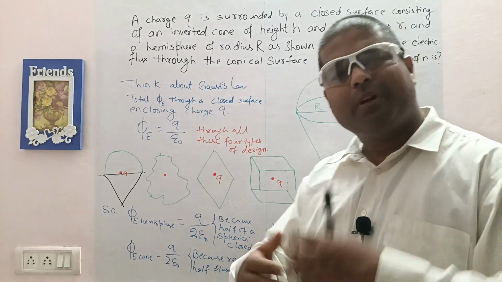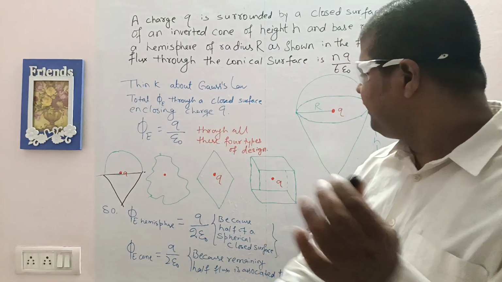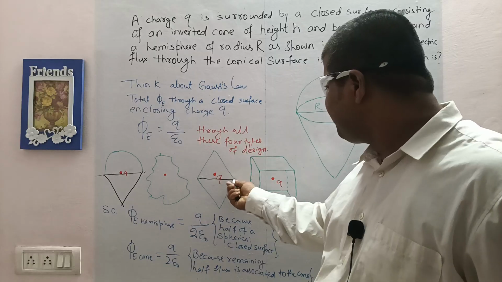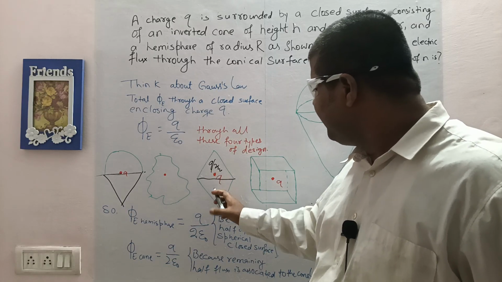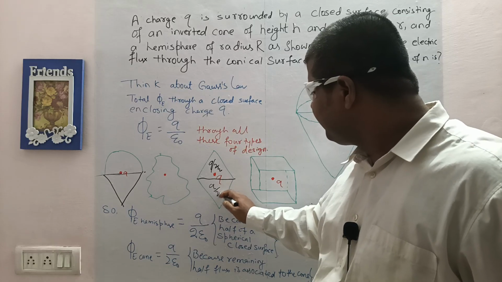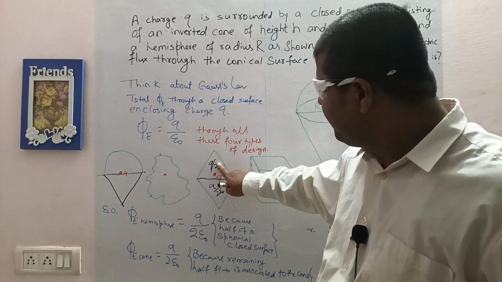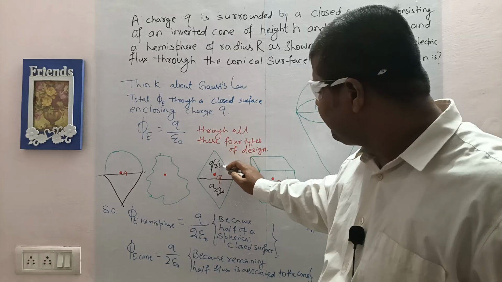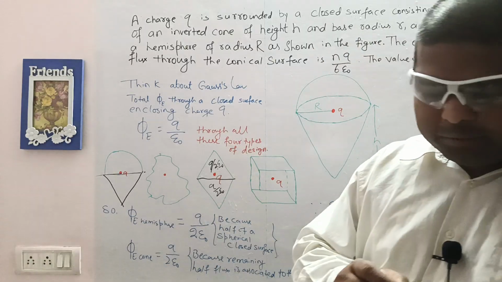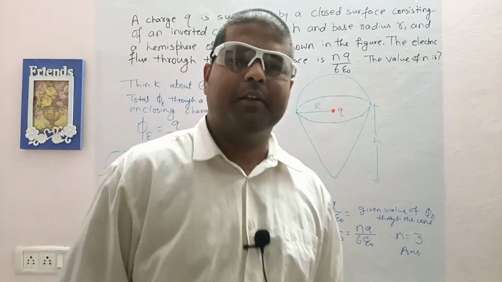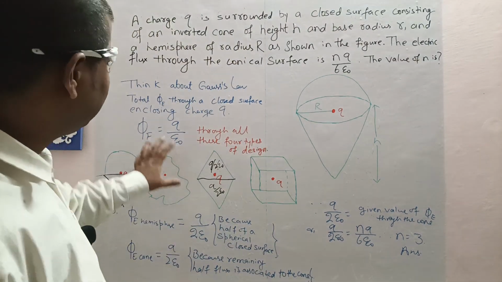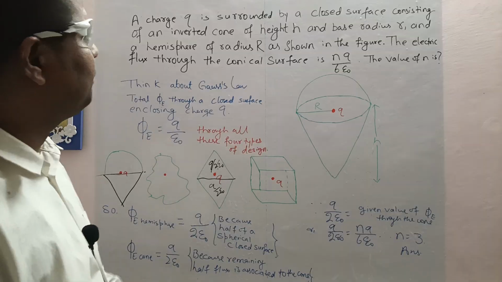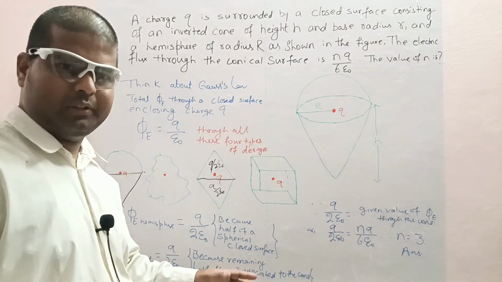In either shape, like this, half here cone, half here cone. So this cone also contains Q by 2 epsilon naught, and this cone also contains Q by 2 epsilon naught. By this analysis I think it is clear. You can easily apply Gauss law to any such problem and solve it.